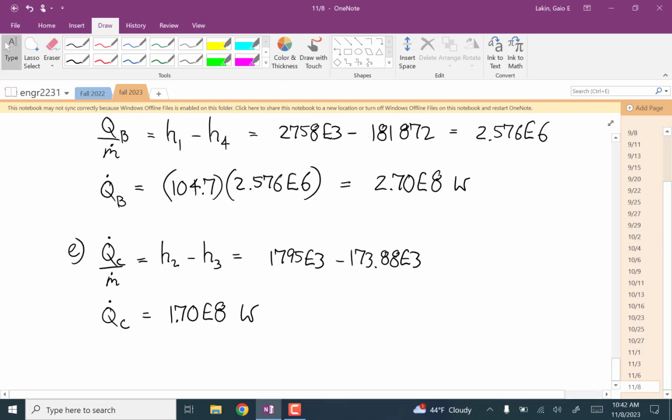Okay, so now the last one is the cooling water, I think.